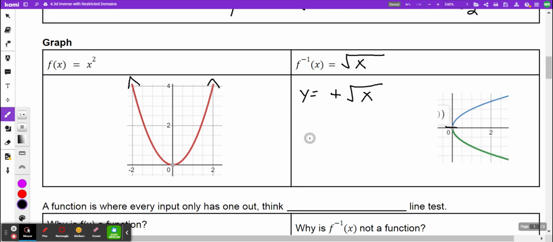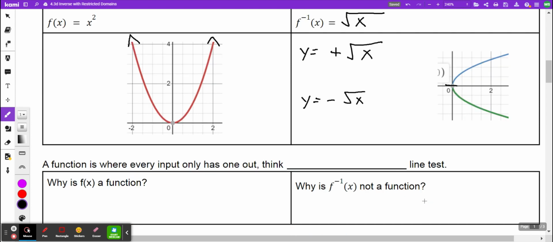And my green one right here is y equals negative x squared. Because here's the definition of a function. A function is where every input has only one what? One output. And remember, we're using what type of line test? We're doing the vertical line test. That proves whether it's a function or not.